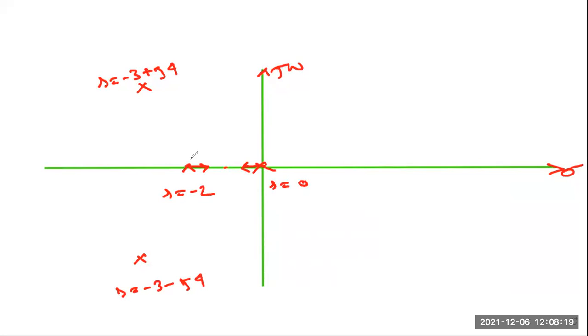Now you calculate the angle of asymptotes. You apply the formula phi equal to (2k plus minus 1) times pi divided by p minus z. You calculate the p minus z value. What should be the value of phi for this case?